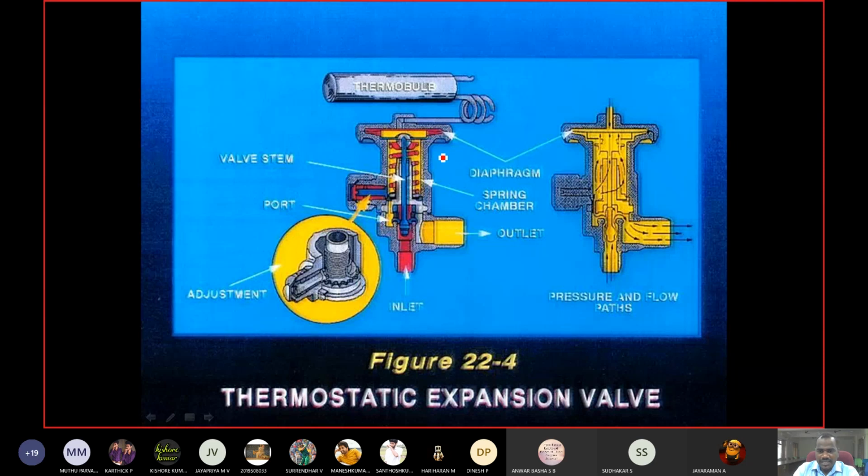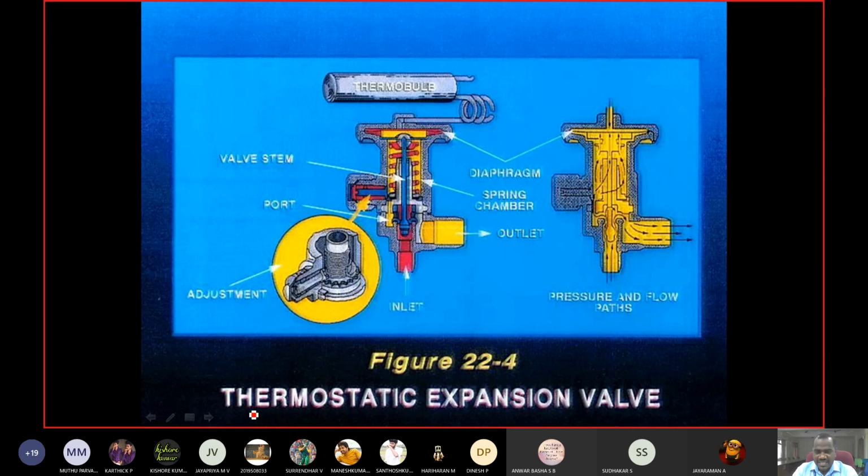Just know there is a diaphragm, a spring chamber, an outlet, an inlet. Then we have the adjustment, the port, the valve stem, and the thermal bulb. As the name itself says, it is a thermostatic expansion valve, and because of this thermal bulb, we can control the temperature of the expansion valve.